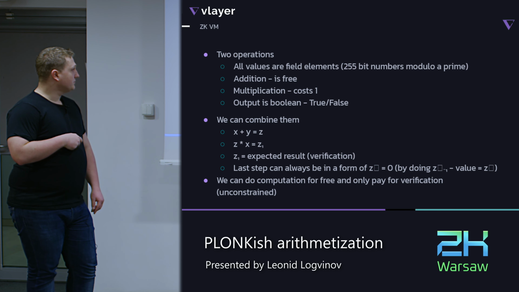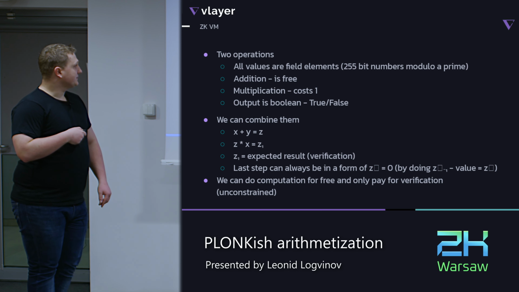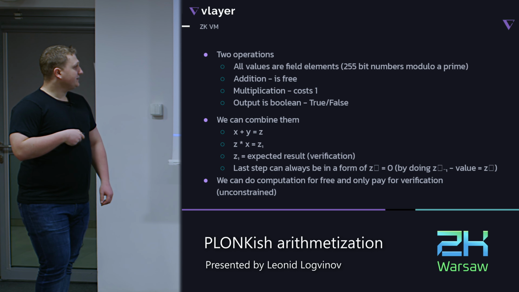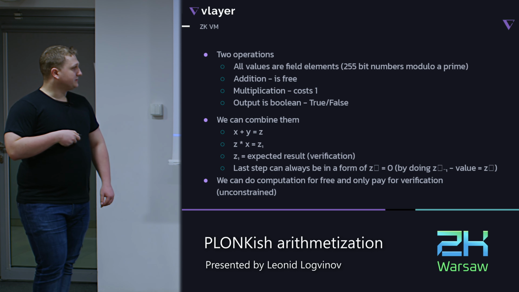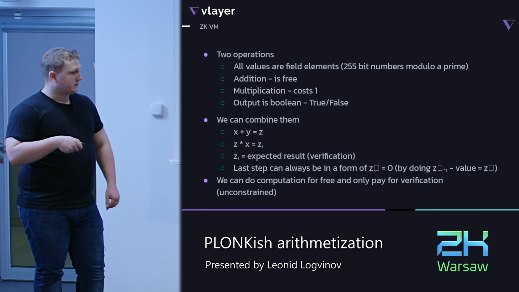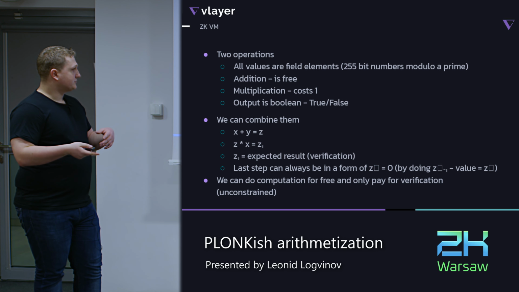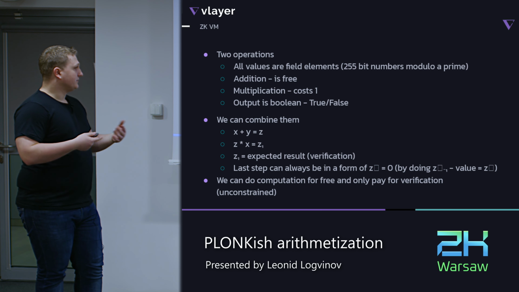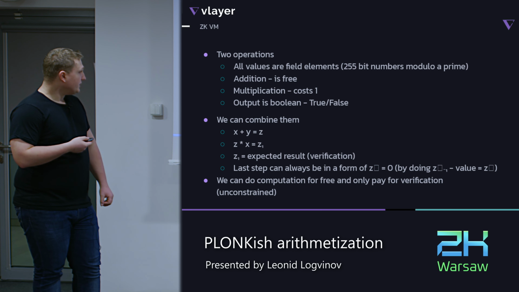So our program will be a list of operations, additions and multiplications, and at the end we check that our result is equal to the expected result, or our last step can always be in the form of zn equals 0, if we're just doing zn equals zn minus 1 minus value. So that's how we transform all comparisons to equalities to 0.